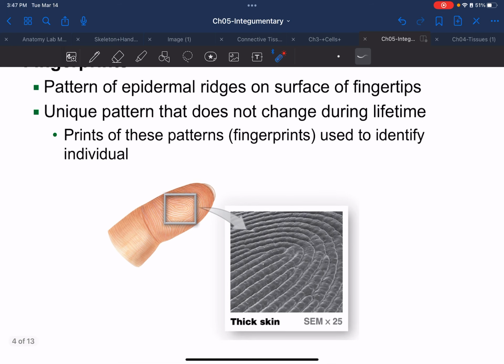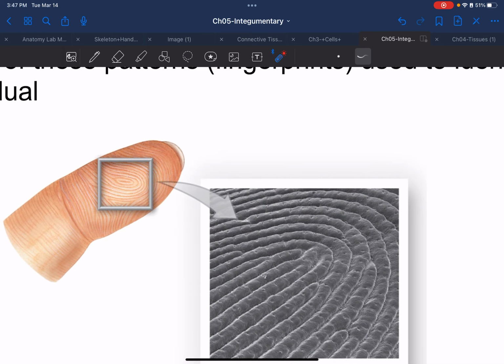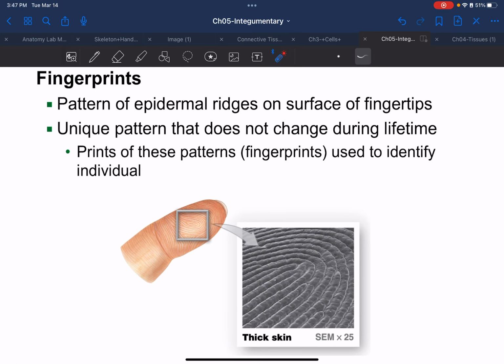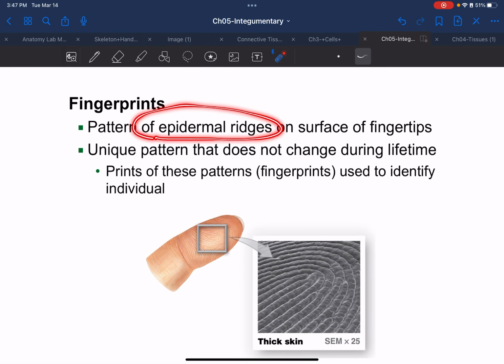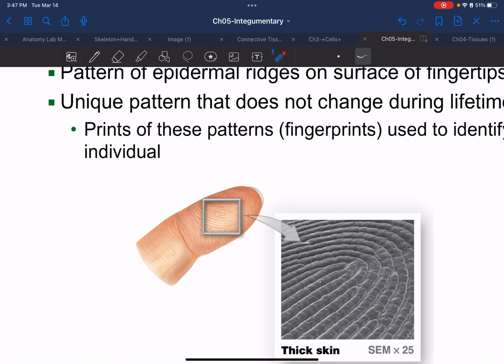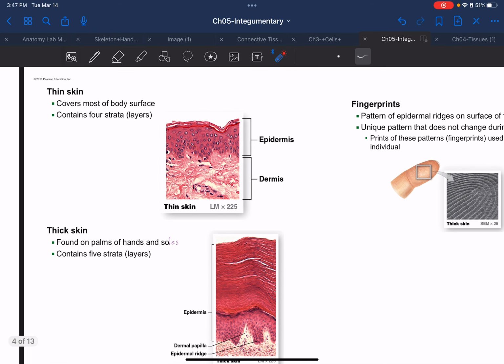They create a unique type of surface with grooves that give us a little bit better gripping and stability on any surface. Your epidermal ridges and dermal papillae result in the grooves that you know as fingerprints. And every individual has unique fingerprints.